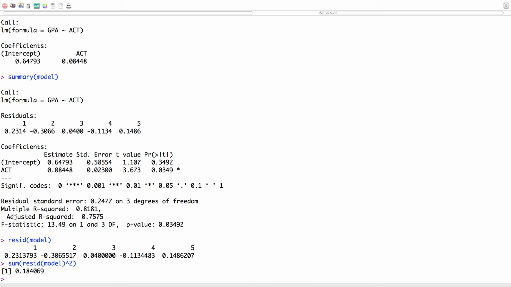So I want to sum up my x sub i's, which I called ACT, minus the mean of ACT, and I actually want to take those and square them.